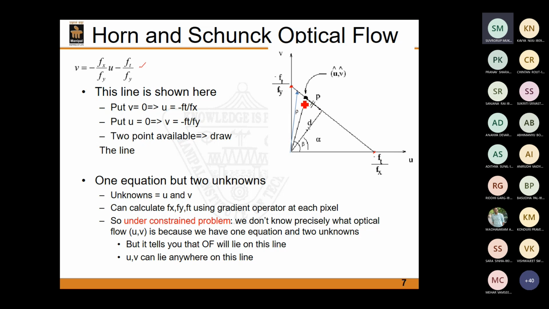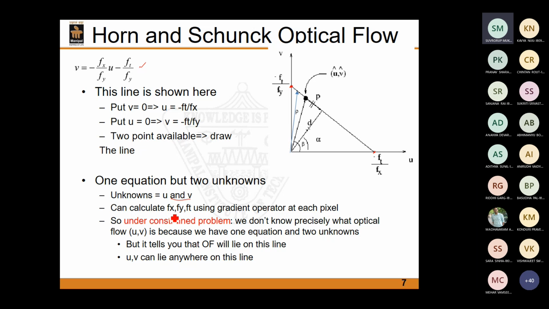Now what I know for a fact is, since you have a line joining these points, the optical flow vector that we are looking at would lie somewhere along this particular line, right? Again, there are two unknowns and one equation.